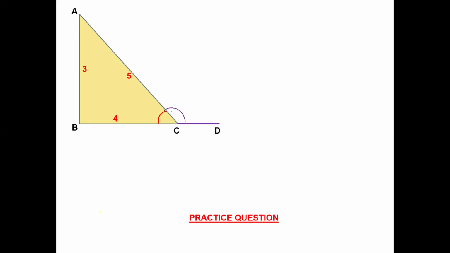Now, how do these rules appear, and how do these rules have to be applied? This is a triangle in which the ratio is 3, 4, and 5.